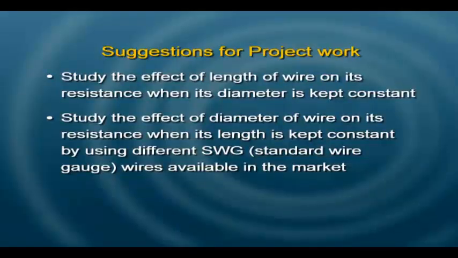You can select a wire from the market that is not made of the same material throughout, in which case your resistance per centimeter would change, and that should indicate that it is not as they are quoting it to be. So, these are some of the things that you can do with this simple apparatus in the lab, and I hope you can use it for more things and more work around your home also.